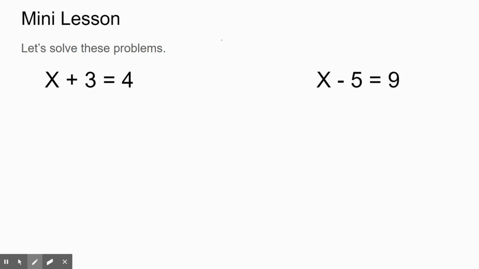Whenever we deal with a problem like this, our goal is going to be to isolate the variable, to get the variable by itself. And I would suggest, if you have to, it's not a bad thing to write down at the top of your page, "get variable by itself."